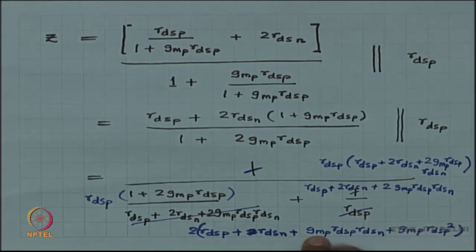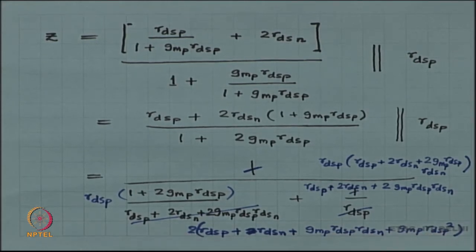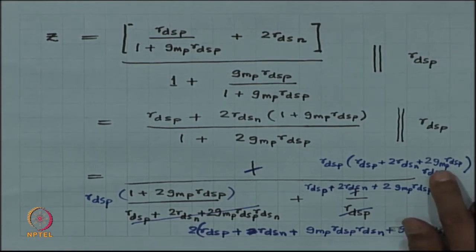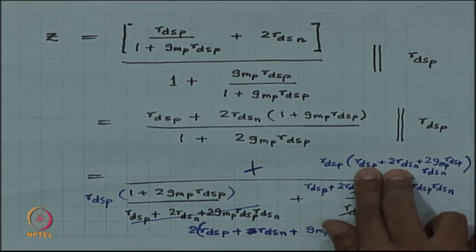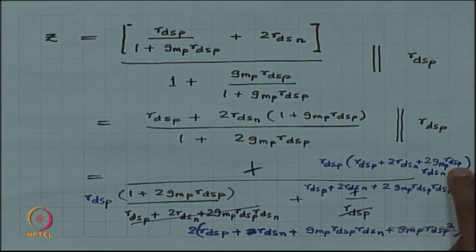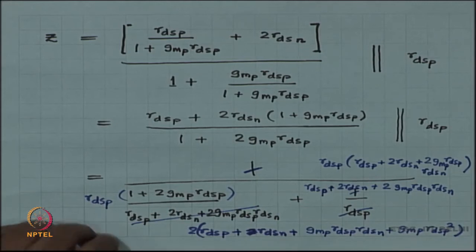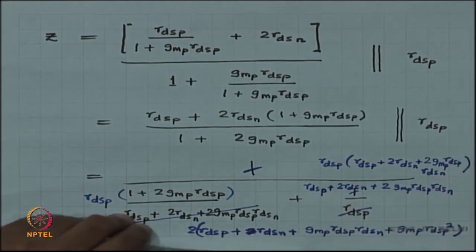So, the net denominator is nothing but GMP, RDSP times RDSN plus RDSP times 2, that is the denominator. And in the numerator what do you have? These two are again small, so you do not worry about it. You have got GMP, RDSP times 2 RDSN times RDSP, all right, and then you have to look at what remains. Okay, so a lot of things are going to cancel out.